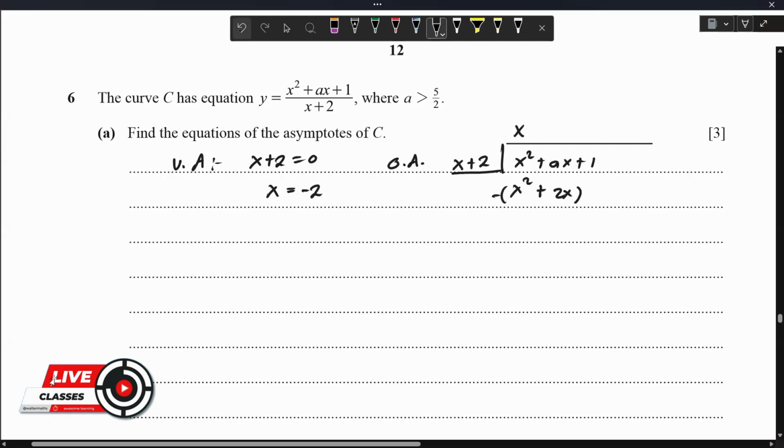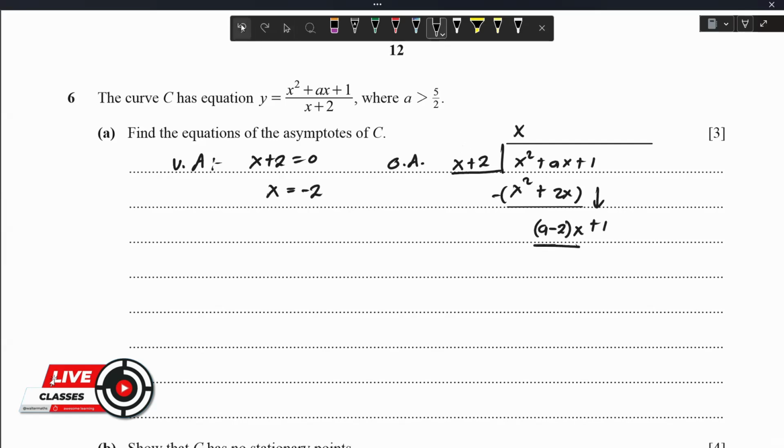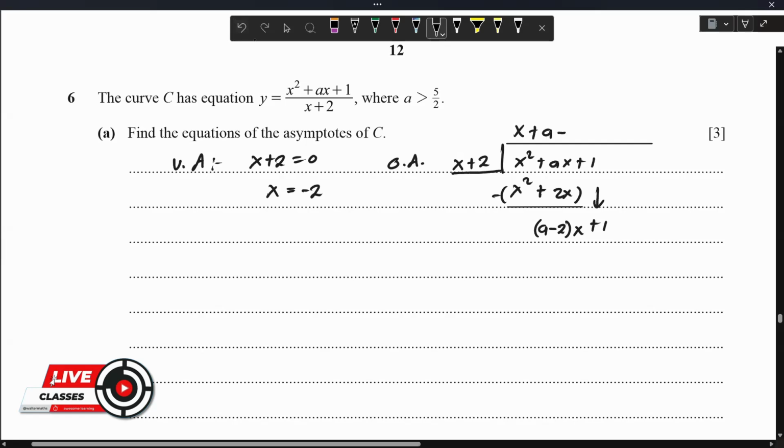And we subtract: x squared minus x squared is 0, ax minus 2x is (a minus 2) of x, and we bring down 1, and we divide this by x, and we're going to get a minus 2, and we multiply a minus 2 by this, and we will get (a minus 2) of x.